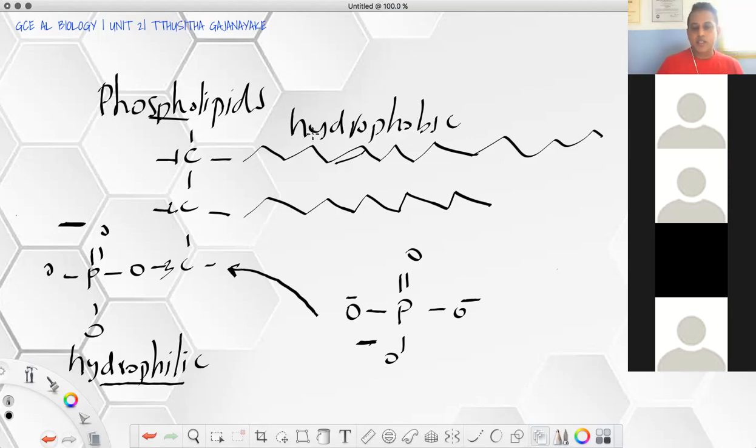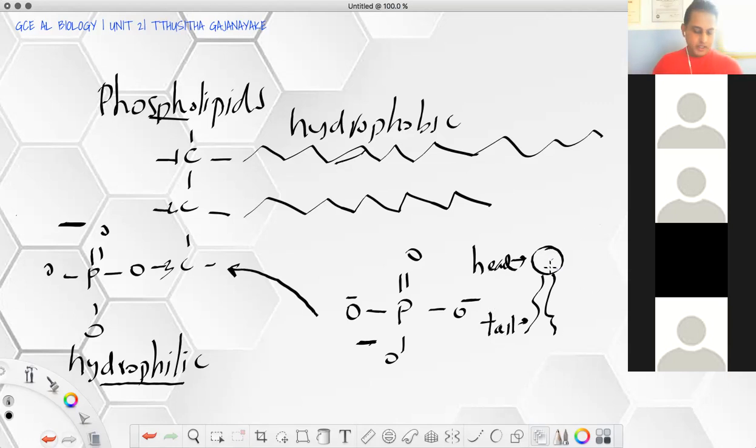So this is the structure of the phospholipid, right? Generally we symbolize it like this: the head part and the tail part. The tail is hydrophobic, the head is hydrophilic. So this is the iconic picture for the phospholipid.